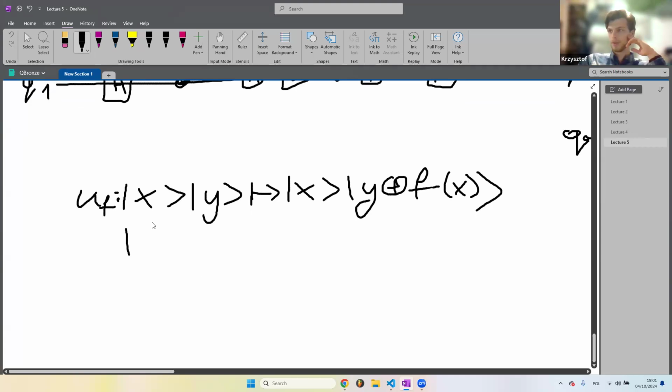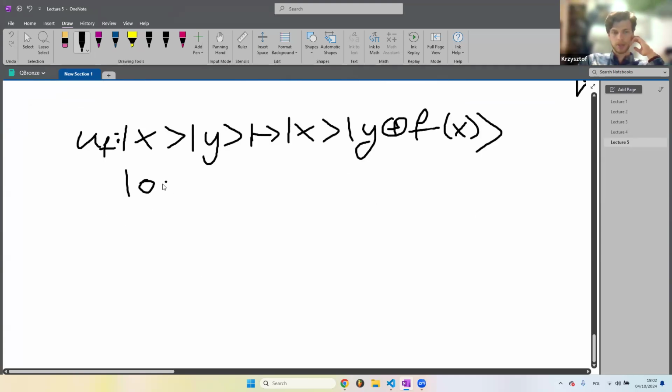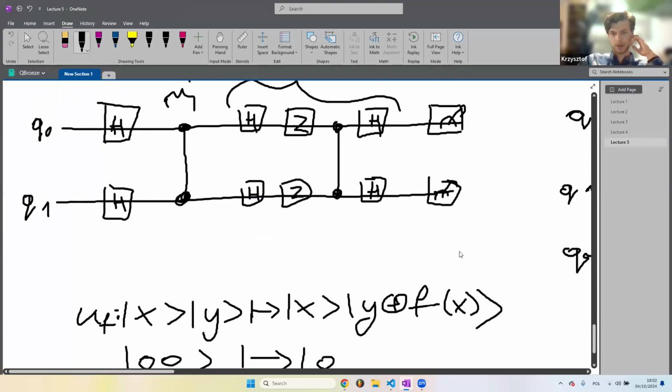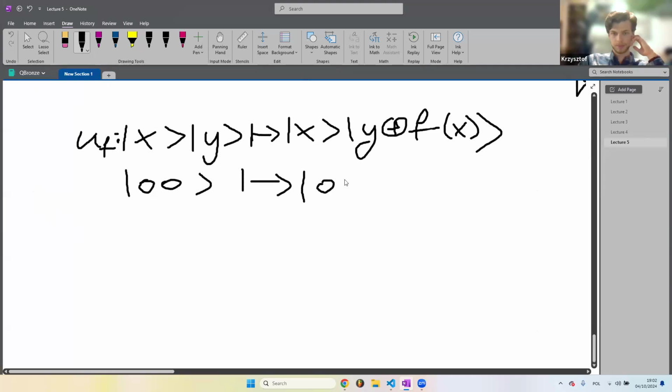So we can rewrite all this expression here. 0, 0 gets transformed to 0, and f of x is 0, so it is 0. 0, 1 is transformed to also 0, 1.